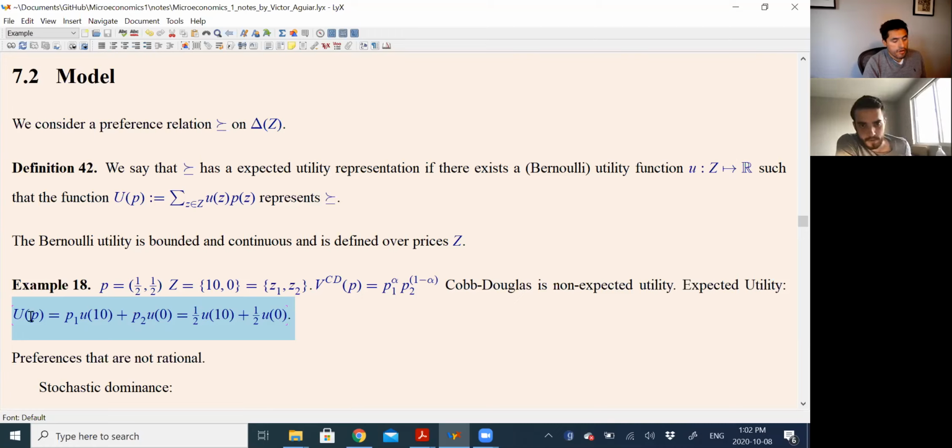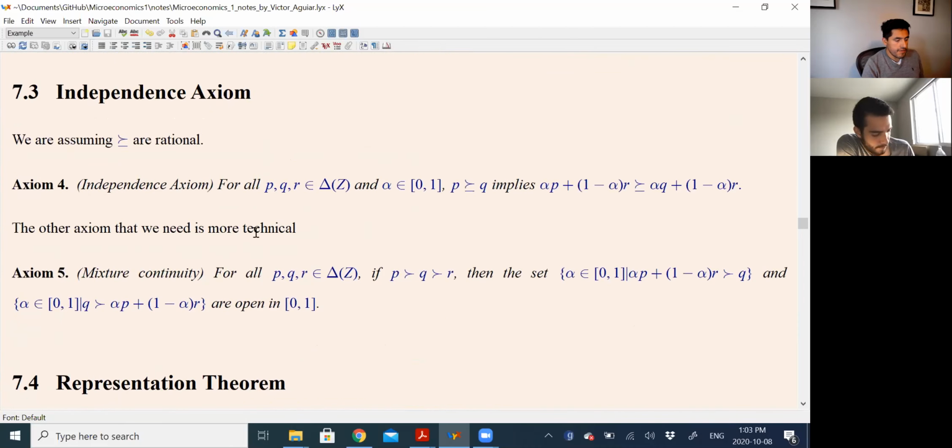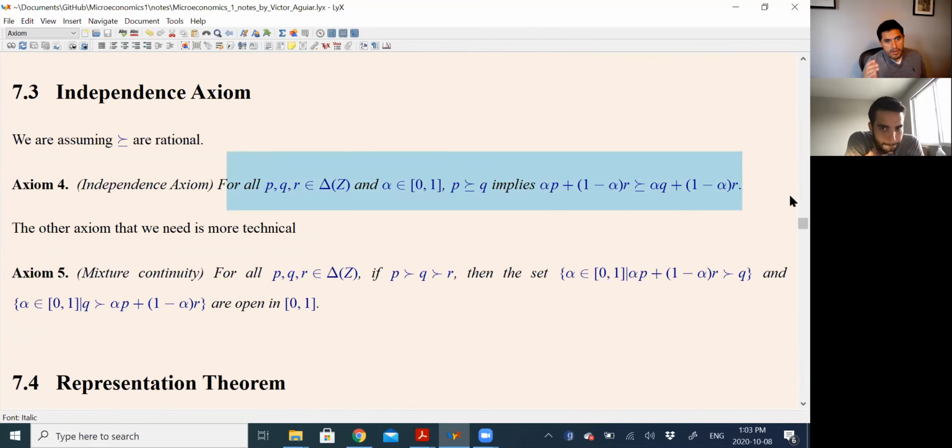And then when you compare it with the utility of Q, you're going to get the same thing, because the additional term with R is going to get eliminated when you subtract U(P) minus U(Q). This is the same as doing U of alpha P plus 1 minus alpha R compared to U of alpha Q plus 1 minus alpha R. Okay, so this independence axiom is basically an implication of expected utility.